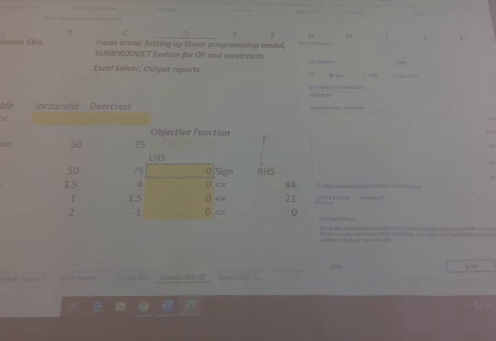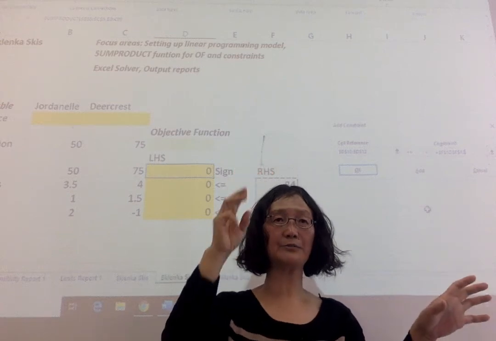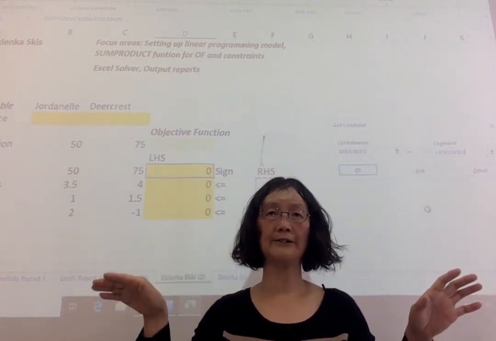Now click the Add button. Cell reference: D10 to D13, smaller equal to, constraint, select F10 to F13. I select all the left-hand side, smaller equal to the right-hand side.